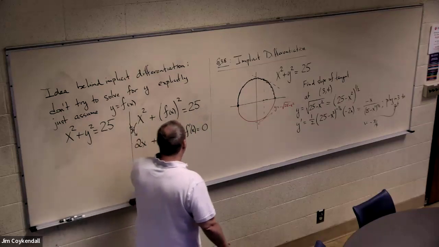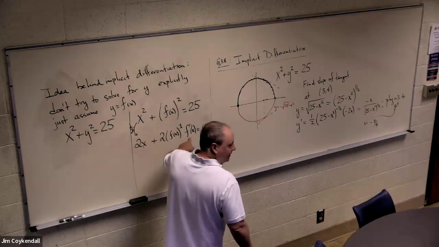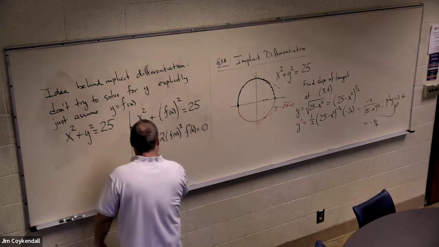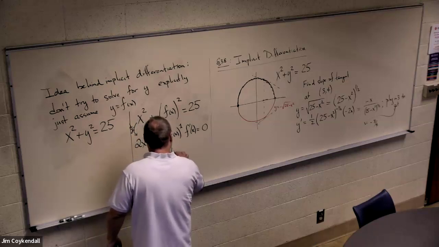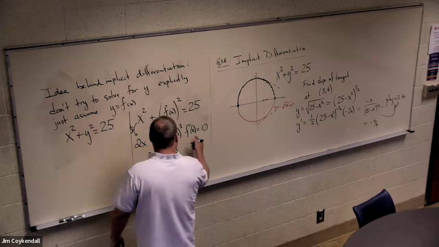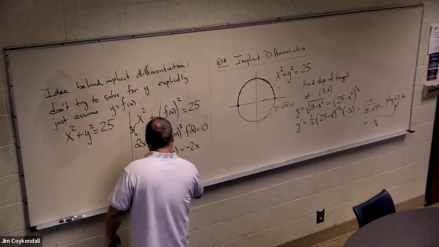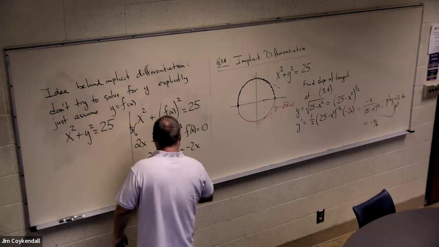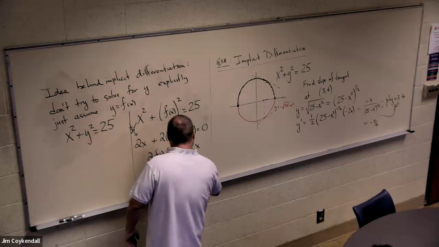And so this allows me to isolate and find f prime of x. 2 f of x times f prime of x is minus 2x. And f prime of x is equal to, see, I can cancel those twos, minus x over f of x.